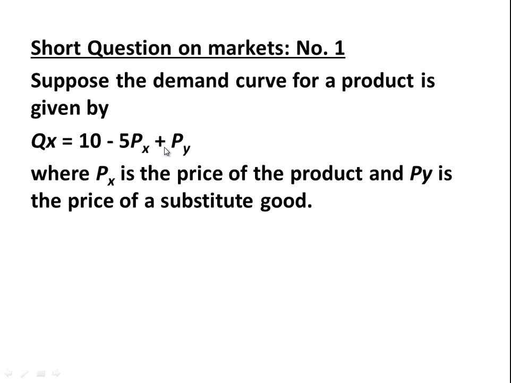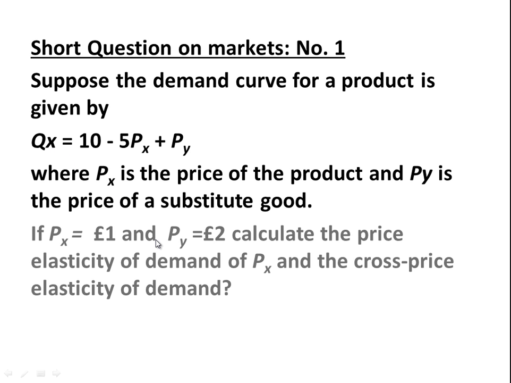That is relevant from an economics point of view. We know that as price falls, the quantity demanded increases, and as price goes up, the quantity demanded falls. It also indicates that as the price of Y goes up, the quantity demanded of X goes up, and there's a reason for that, which we will come to in a moment.